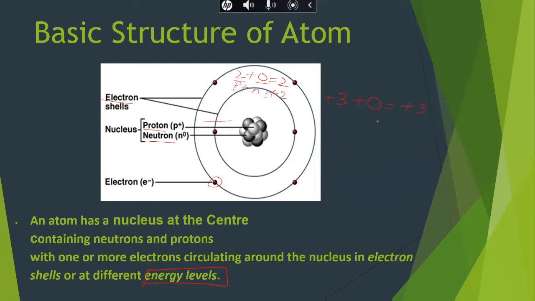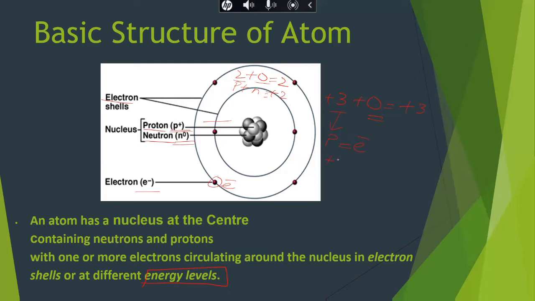That means that neutrons have 0 charge. Protons are positively charged particles. Neutrons have no charge and electrons are negatively charged particles. Like, there are 3 protons in an atom. It means that there will be 3 electrons.